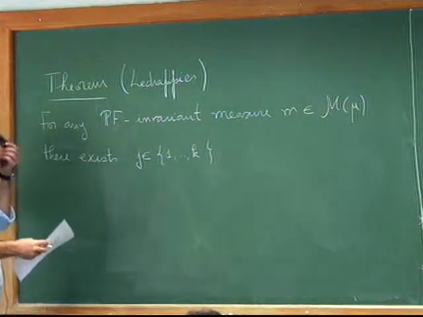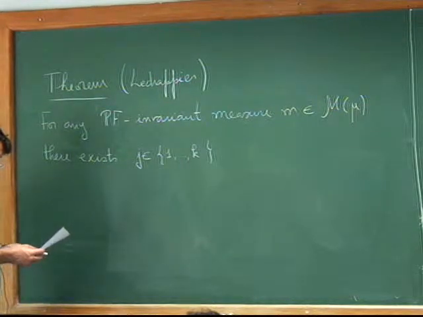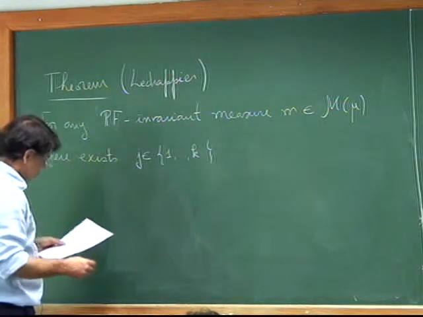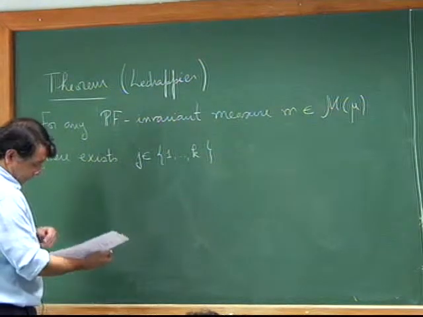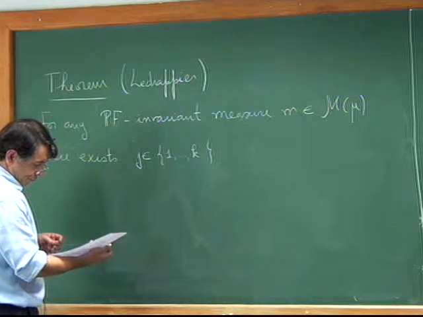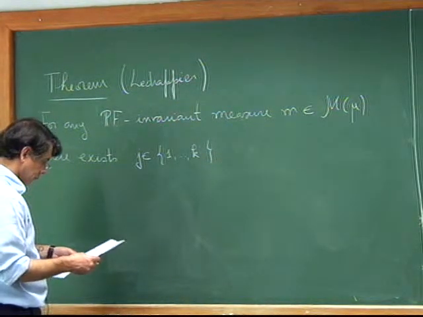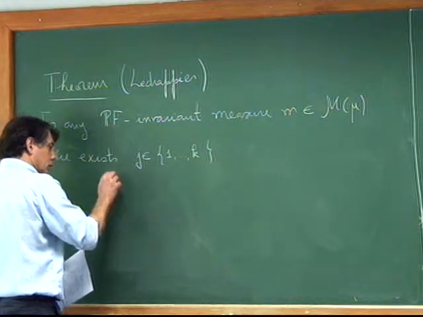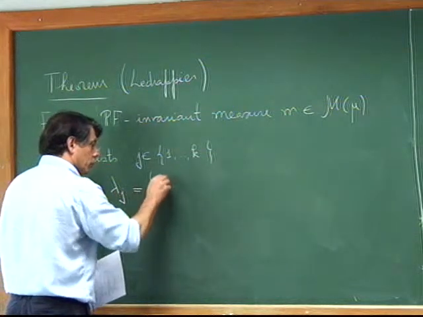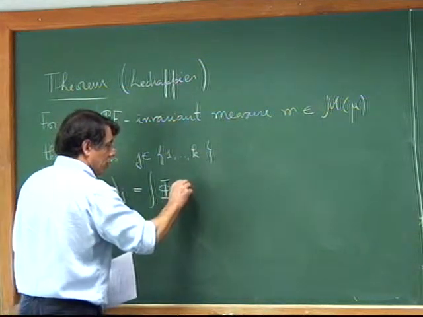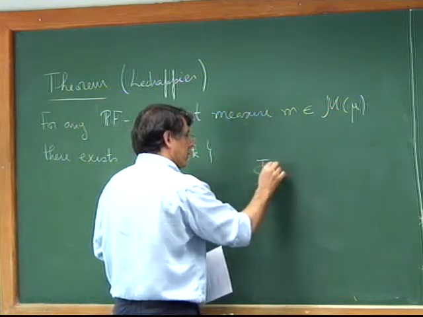For any invariant measure that projects down to mu, there exists some j such that the jth Lyapunov exponent is equal to the integral of phi dm, where phi is this function that already appeared.